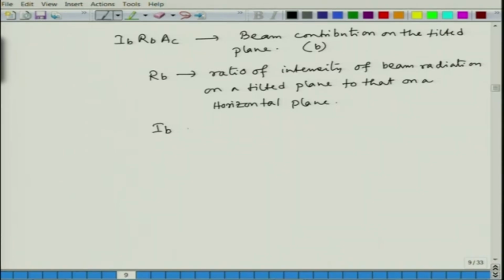And this I_B here is also not the tilted plane value.